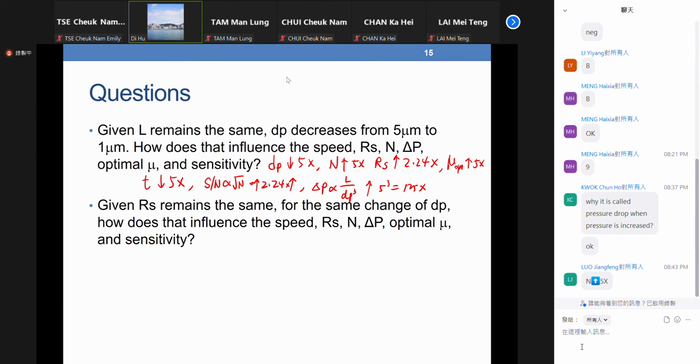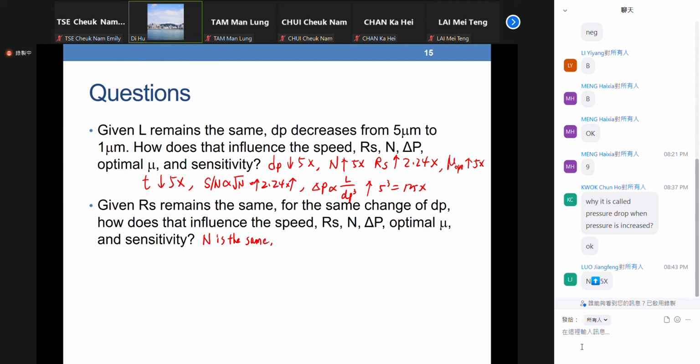Okay, the next one says resolution remains the same. That means N is the same, right?